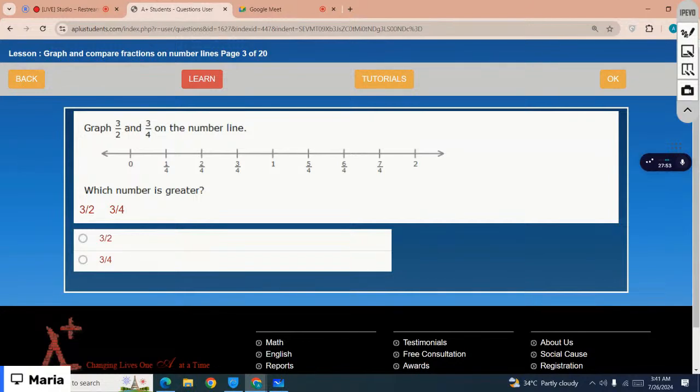The correct option is 3 over 2, right? Option number 1 is the correct option. 3 by 2 is greater than 3 over 4.